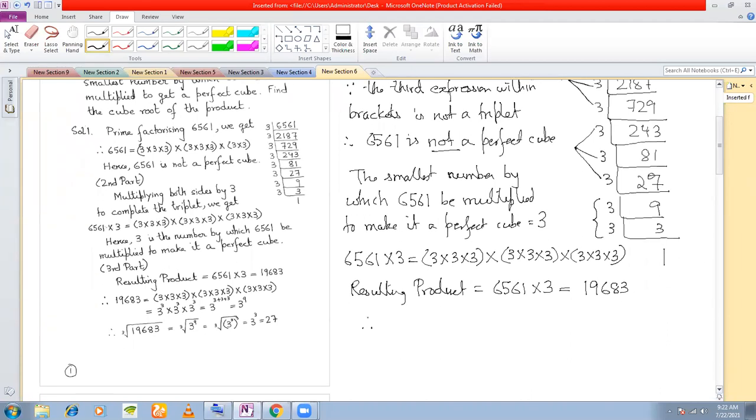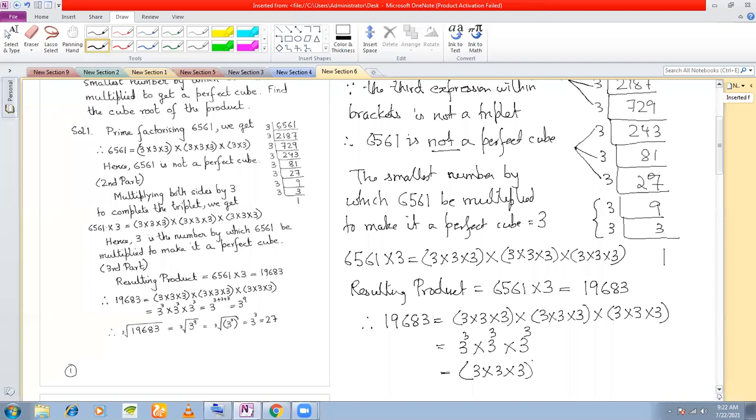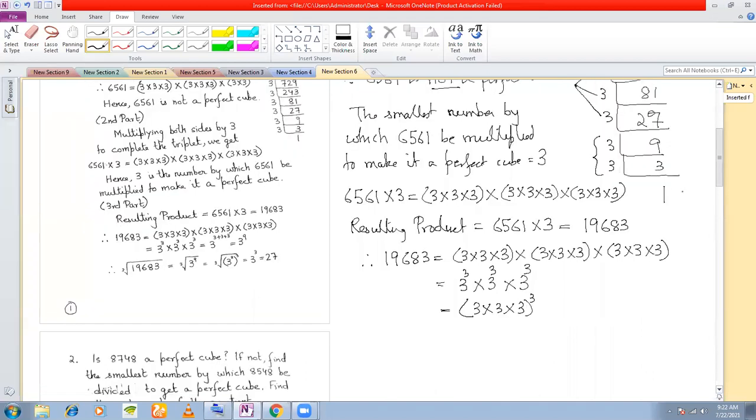So therefore 19,683 must be equal to 3 into 3 into 3 into 3 into 3 into 3 into 3 into 3 into 3. So that means it is equal to 3 cube into 3 cube into 3 cube, which can be written as 3 into 3 into 3 whole cube, right?